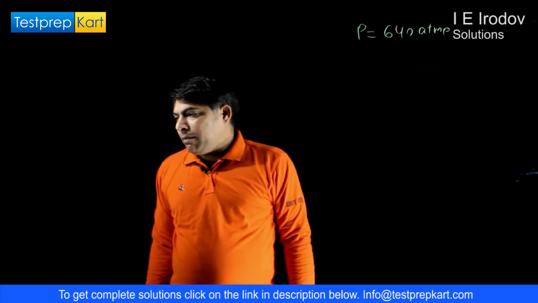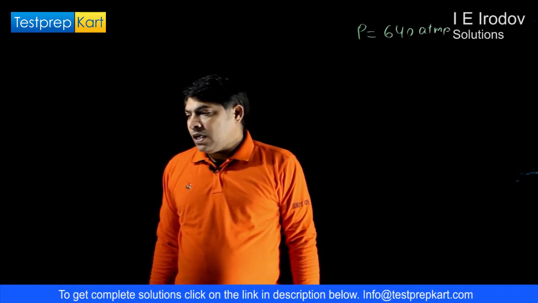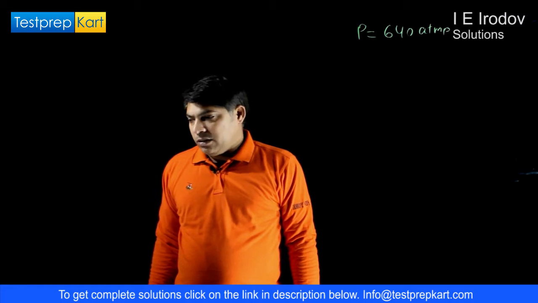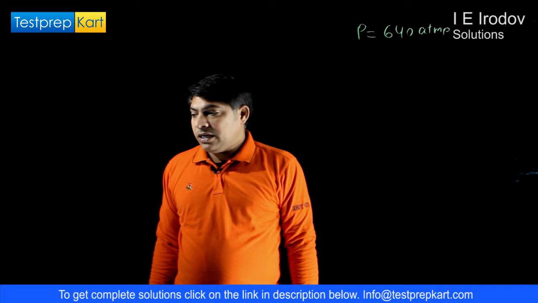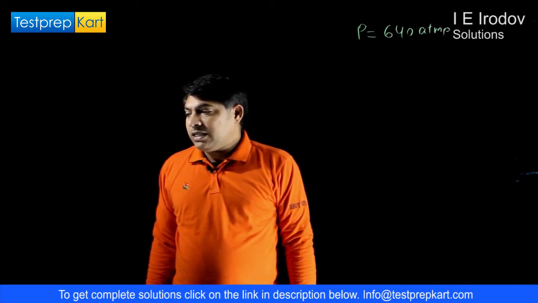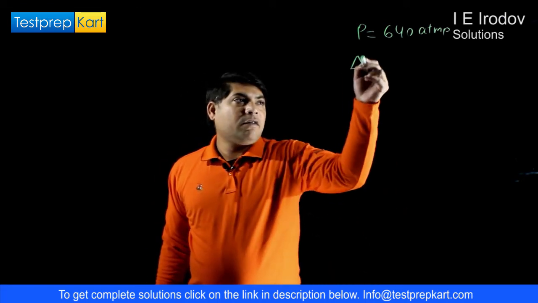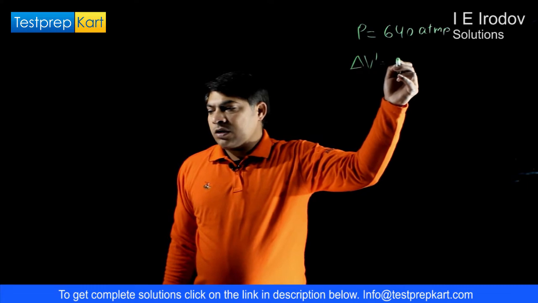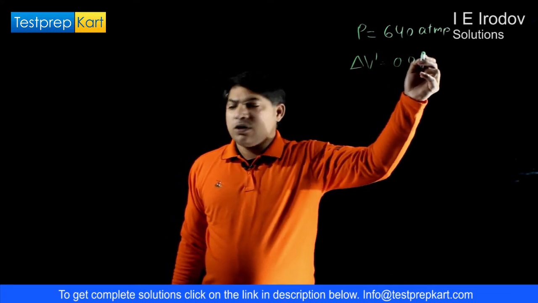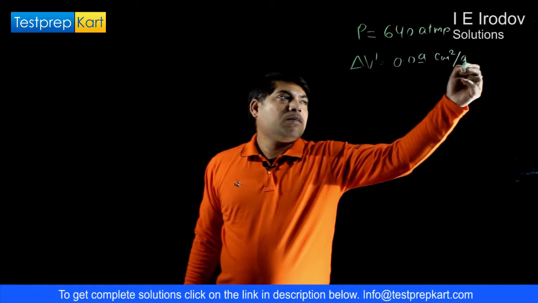Assuming the lowering of the melting temperature to be a linear function of pressure under the given condition, find what fraction of ice is melted, given that the specific volume of water is less than that of ice by delta V' equal to 0.09 centimeter cube per gram.